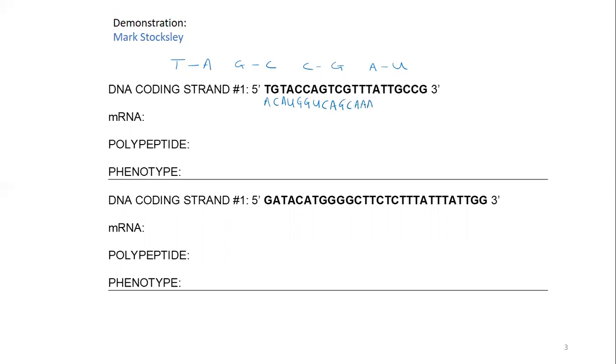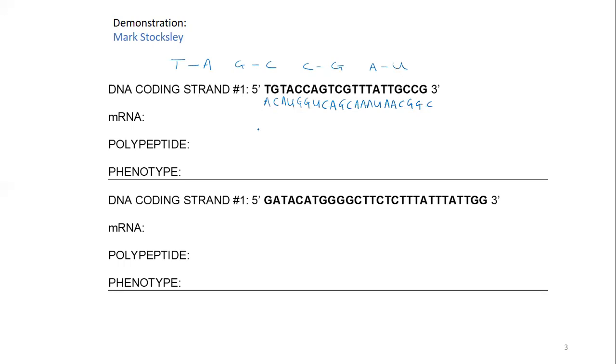A, U, A, C, G, G, C. So that's the sequence of the mRNA that would be produced. So that would be your first answer.